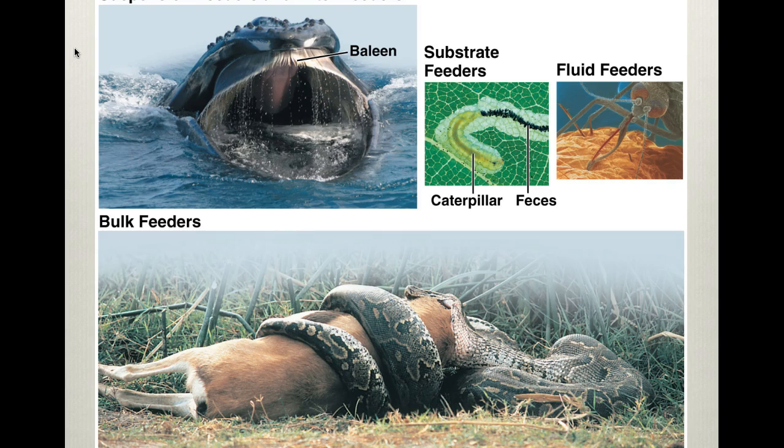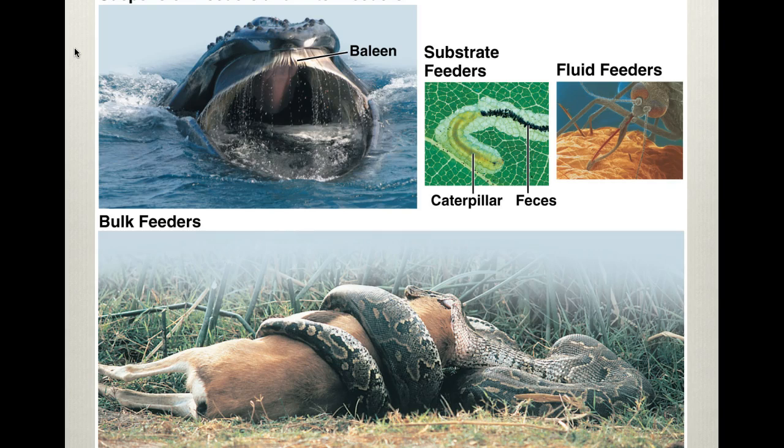All right, the last type, which I think I would hate too, at least in this picture, is a bulk feeder. So pythons ingesting huge amounts of food and then taking a while to digest it, a couple of weeks.